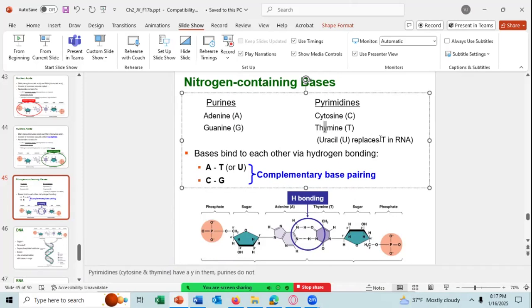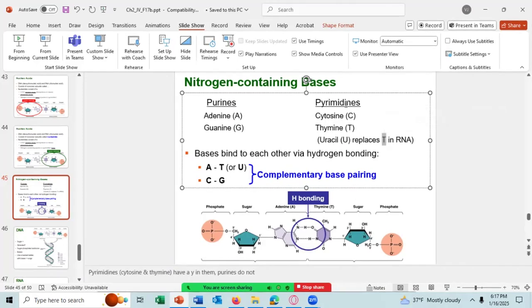Thymine has a Y in it, so thymine is a pyrimidine. Uracil replaces thymine, so uracil is also a pyrimidine. Any question about that?